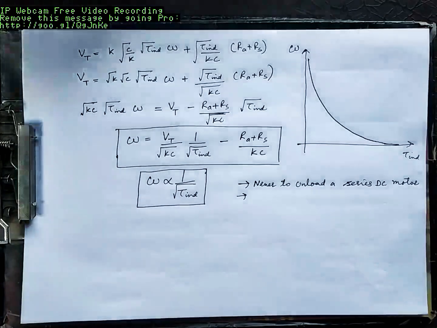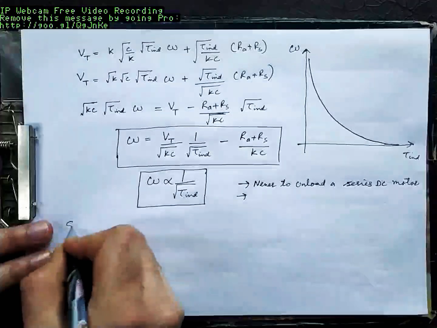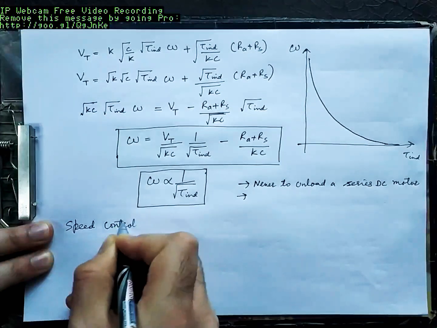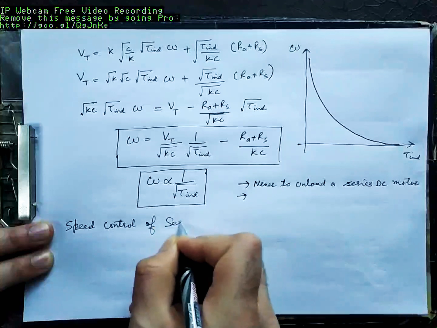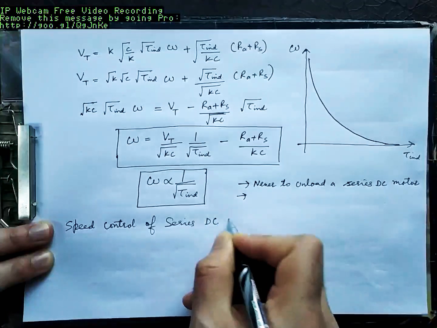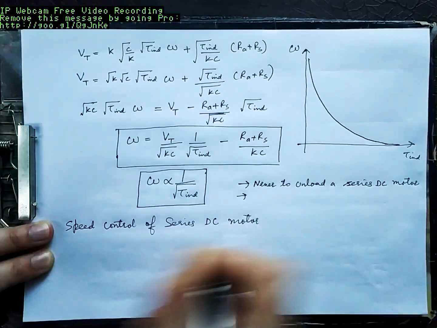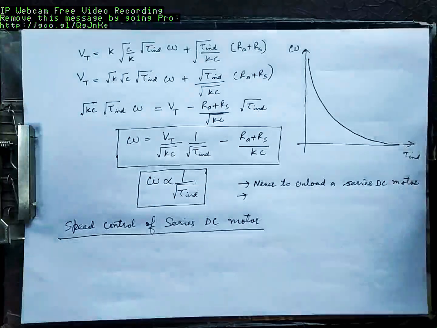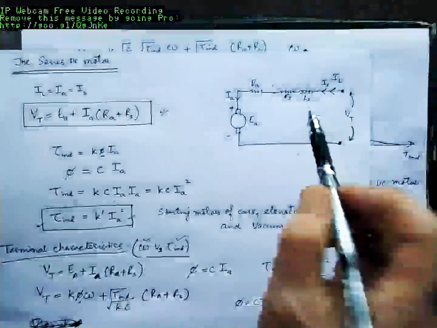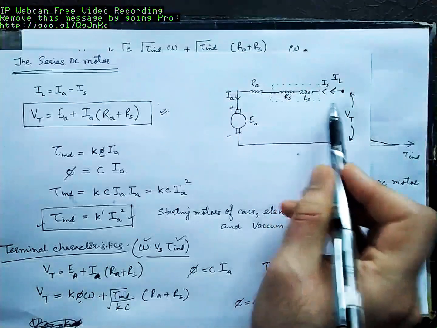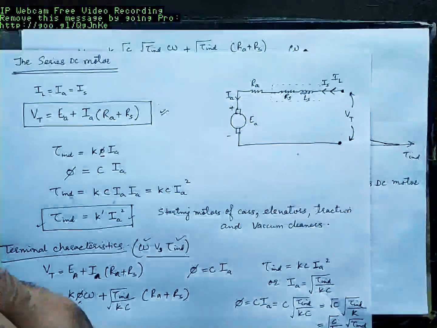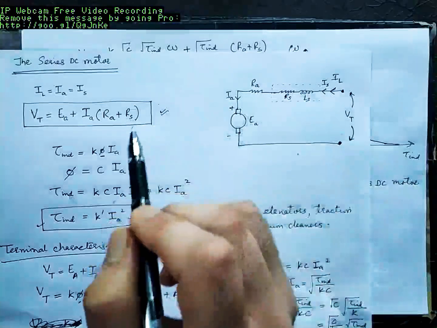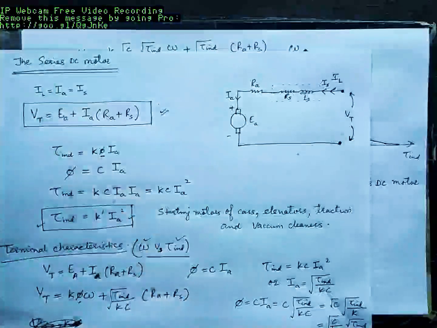Now finally, what is the method of speed control for series DC motor? Since in this case armature current and field current are the same, you cannot independently control the field current over here. So field resistance method is not an option.